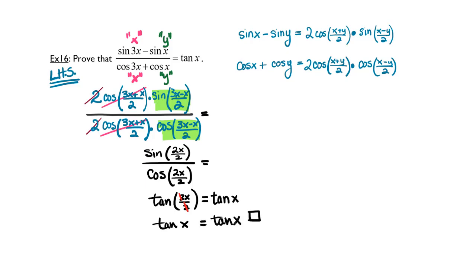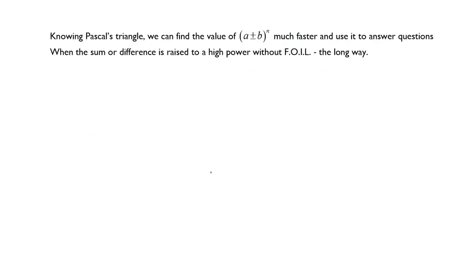Now this last little piece of information is kind of just extra. It's for free. So it could be helpful to you as you continue to work through identities and factoring, and that is knowing Pascal's triangle.